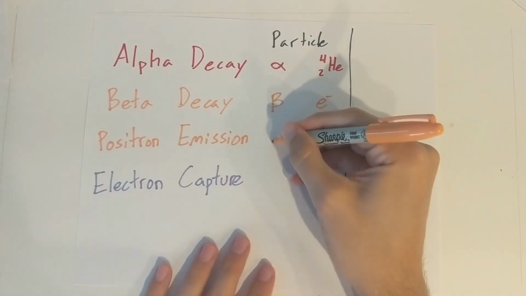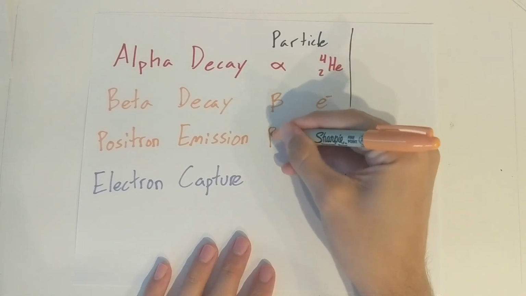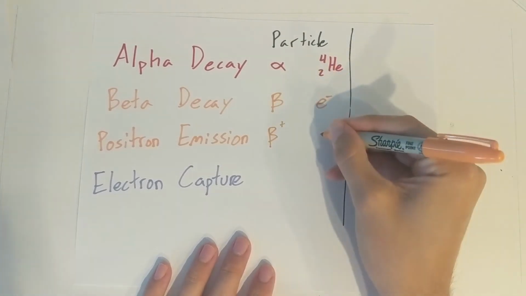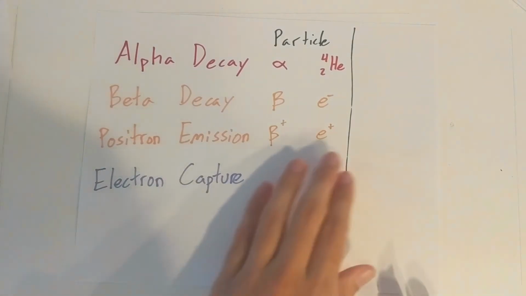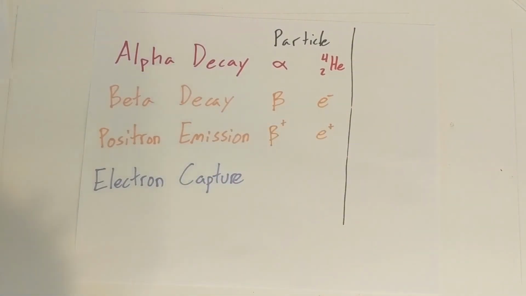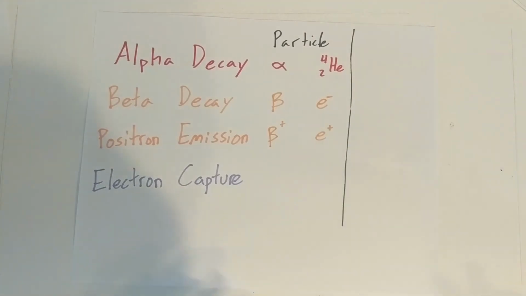Or positron emission is a beta particle that's positively charged, like an electron that's positively charged. So it could be written either of those ways. And then electron capture doesn't release a particle, so I'm not going to write it down here, but it would just be like an electron that gets captured, which would be an e minus.